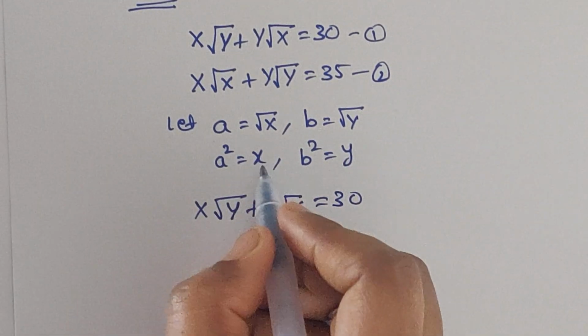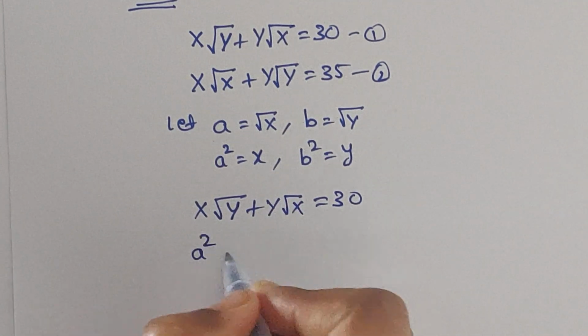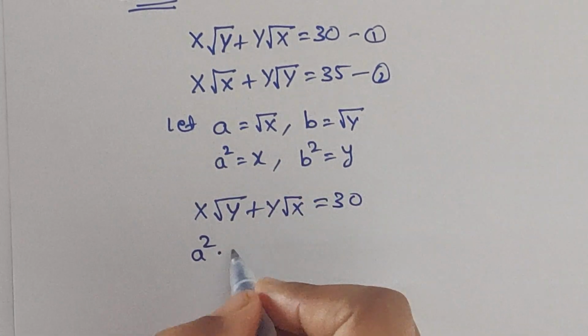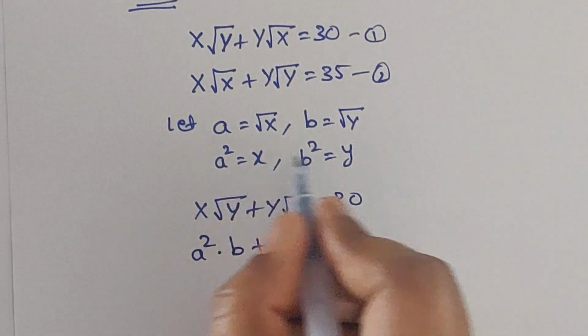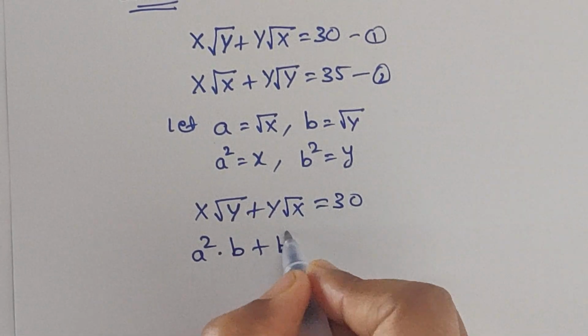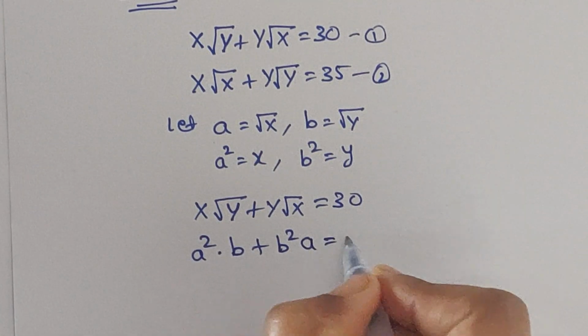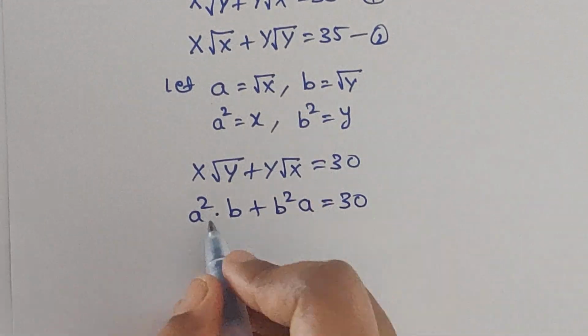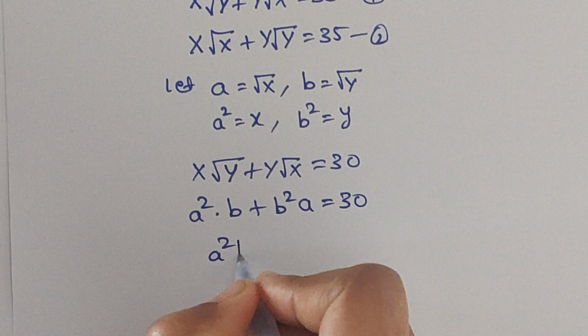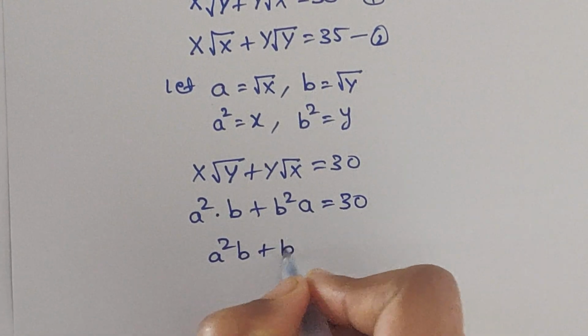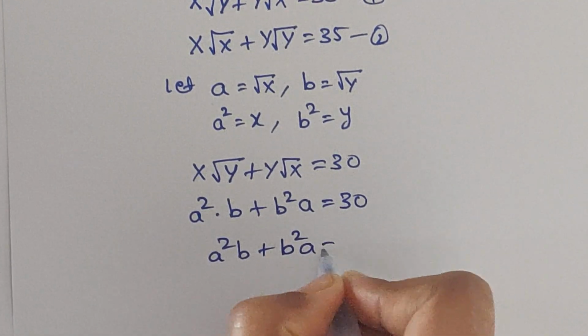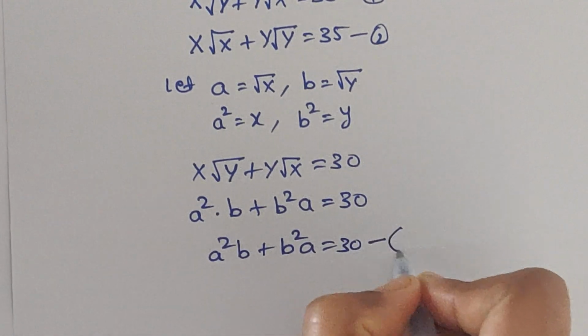So x value is a square times square root of y value is b plus y value is b square and square root of x value is a equals 30. So a square times b plus b square times a equal 30. So let us consider this is equation 3.